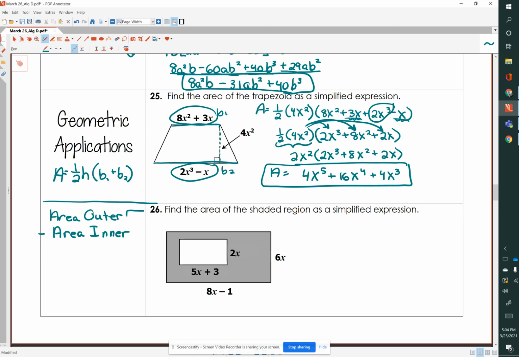So the area of the outer rectangle minus the area of the inner rectangle, and that's going to be equal to the area of the shaded region.